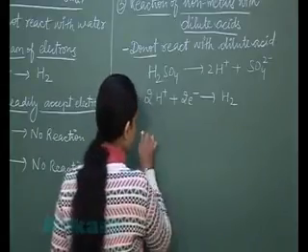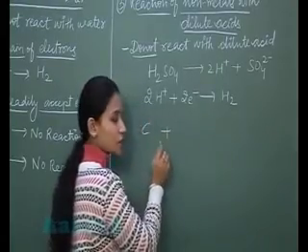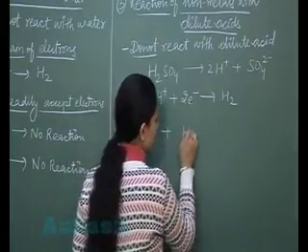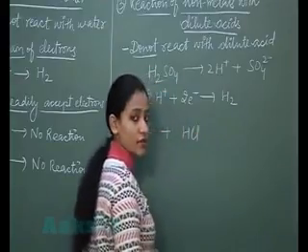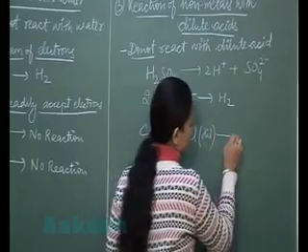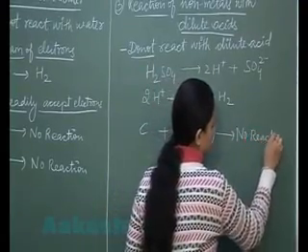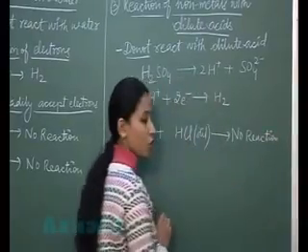So if we dip the carbon in a test tube containing dilute acid, suppose hydrochloric acid, we can simply write when this hydrochloric acid is in dilute form, no reaction occurs. The same we can write for the other non-metals also.